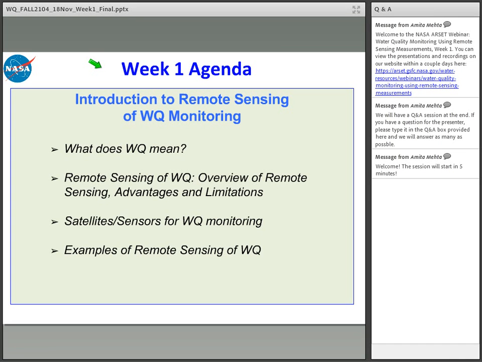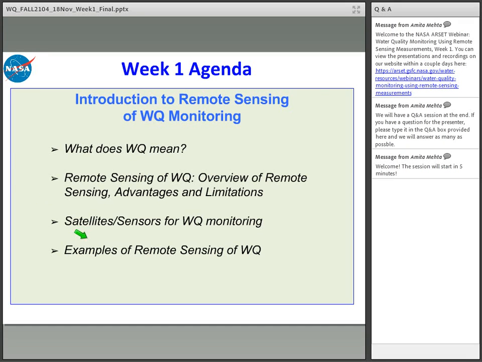Today is mostly introductory material about remote sensing as well as water monitoring, water quality monitoring. We will start with basic questions. What do we mean by water quality? Why is it important to know? Then we will move on to remote sensing of water quality parameters, what is involved in there, an overview of remote sensing, advantages and limitations.